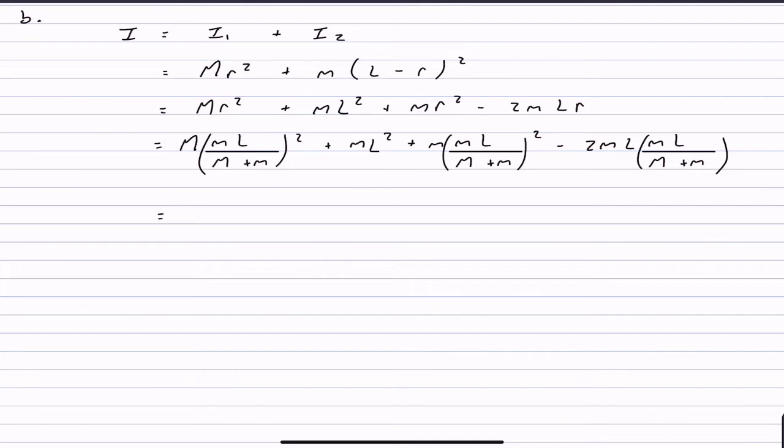So now we can actually pull out something that looks familiar. I'd say that we definitely have a value of 1 over (m plus big M), a value of L squared, and a value of m. So we can pull out a value that looks like this.